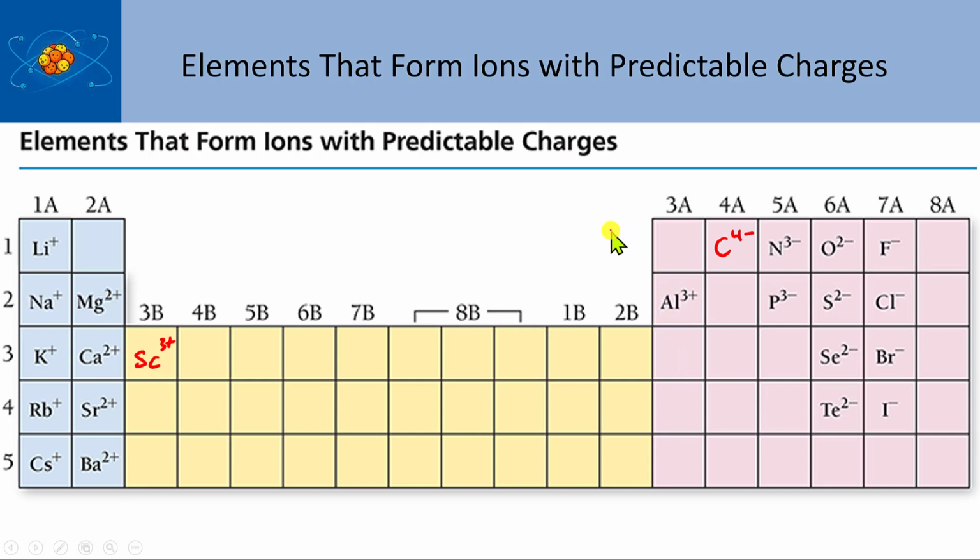And then below aluminum, we have gallium and indium. And these are actually predictable from their electron configurations too, because typically it's the highest energy level electrons which are ionized off of the atom to form the ion.